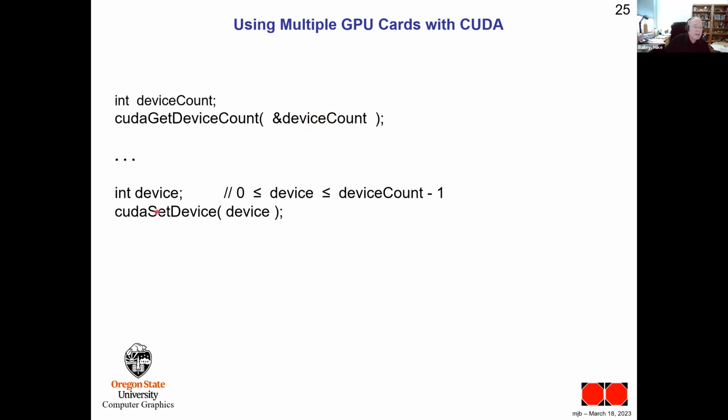And then when you say CUDA set device 0, it's going to use the first one. And when you say CUDA set device 1, it's going to use the second one. So all CUDA commands work on the current device. All right, this is the end of the CUDA notes, but it's not the end of our discussion.